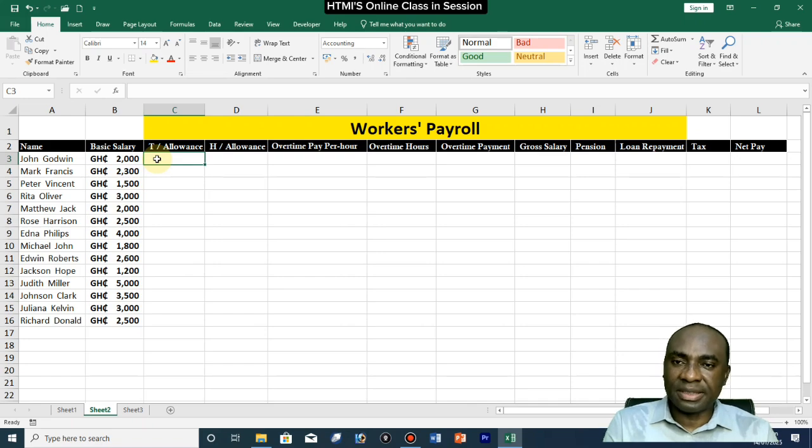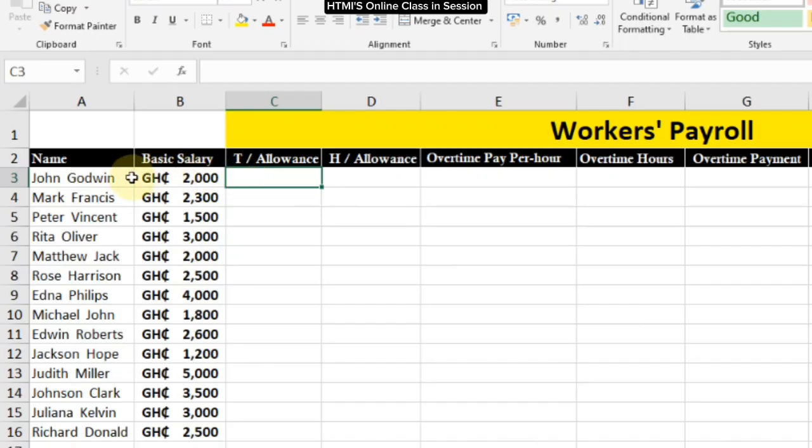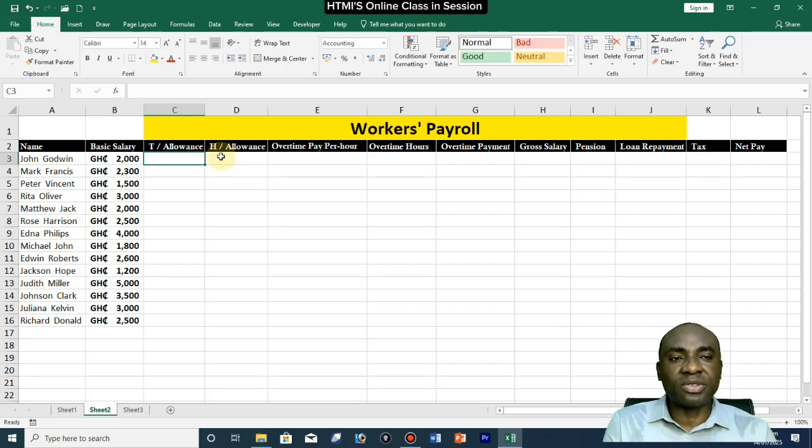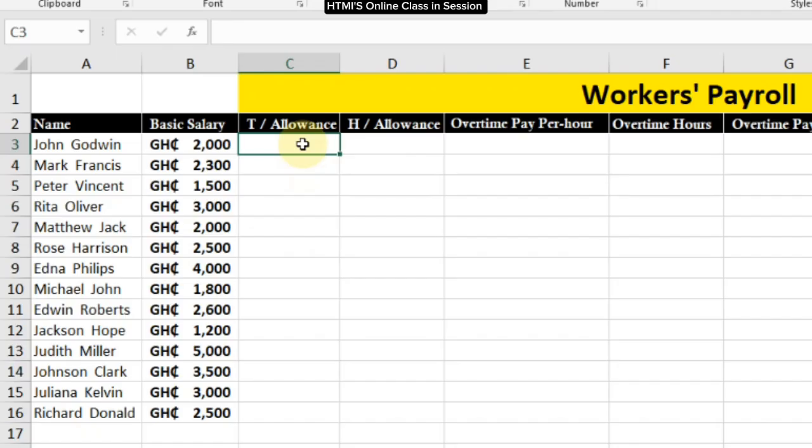So we're going to create the function and formula for the first worker, and then we'll drag the formulas across to automatically give us the result for the other workers. We don't need to do what we're going to do now for all the workers one after the other. No. So we start with the first. 12% is what we want to look at now.